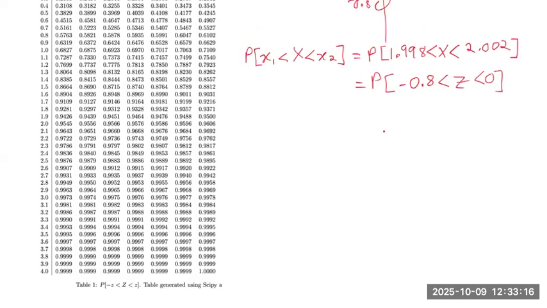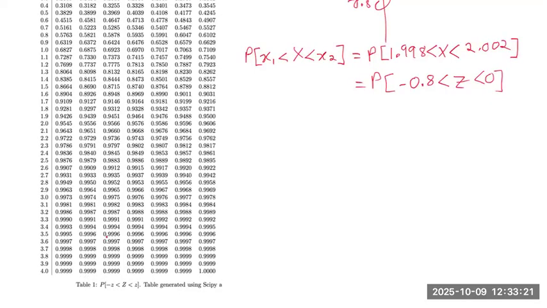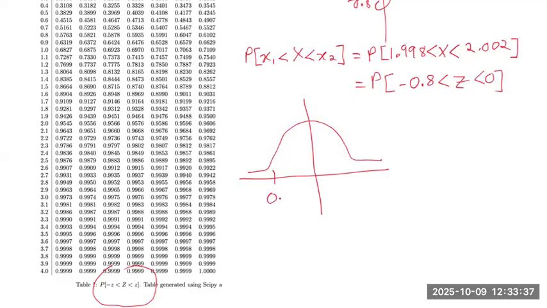So let's think about how to find this sort of probability. The table value at each z-score gives us the probability between two z-scores. For instance, if we're thinking about the probability at 0.8, we're going to have the probability from negative 0.8 to 0.8. So this will give you this area under the curve.